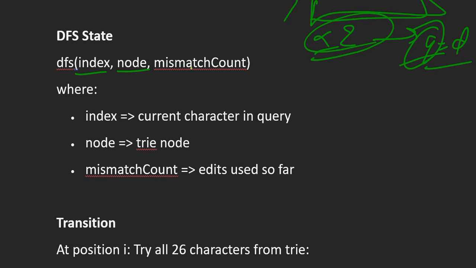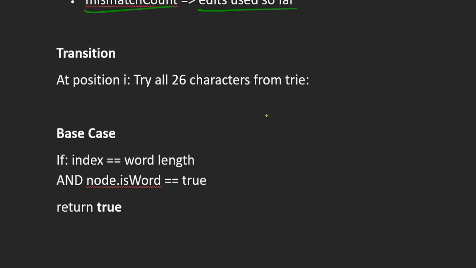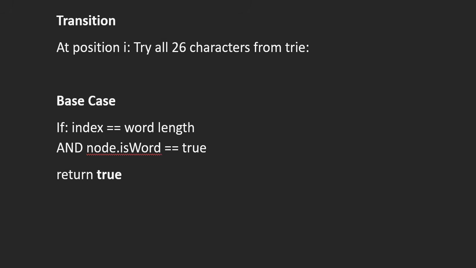First is index, second is node, and third is mismatch count. Index is basically the current character that we are comparing, right? Node is the trie node at which we are present now, and mismatch count is the total number of edits that we have used so far, or the total number of mismatches between the query and the dictionary word.